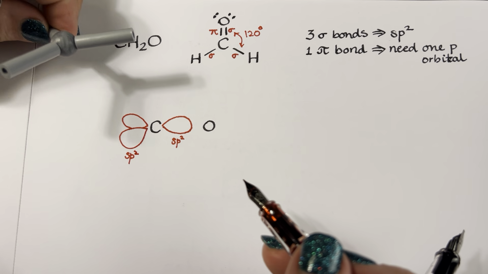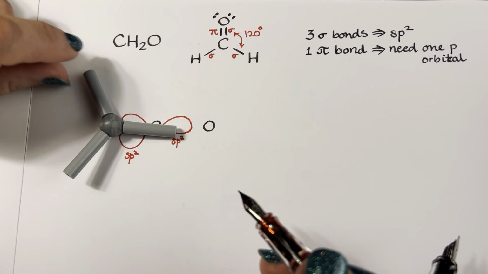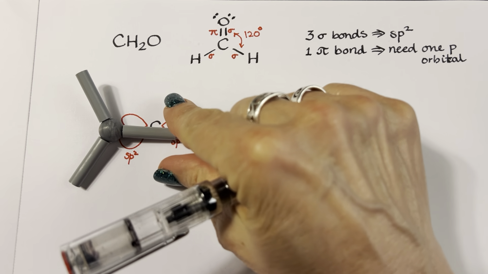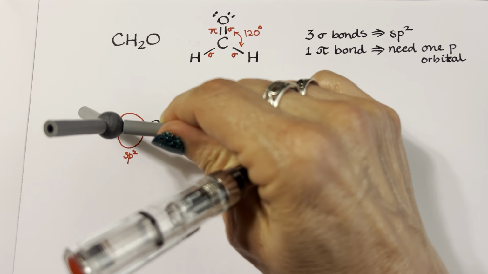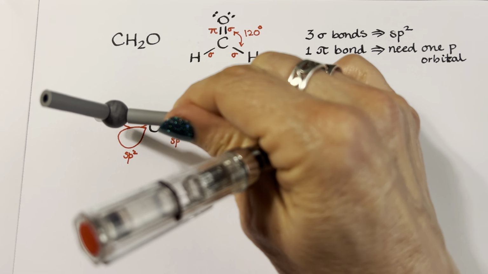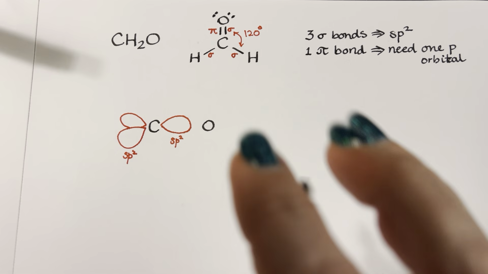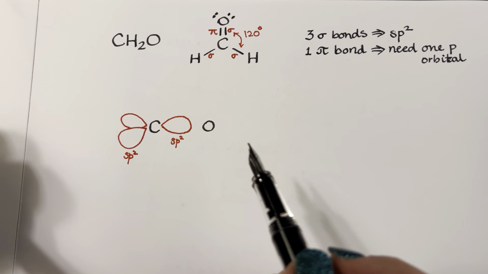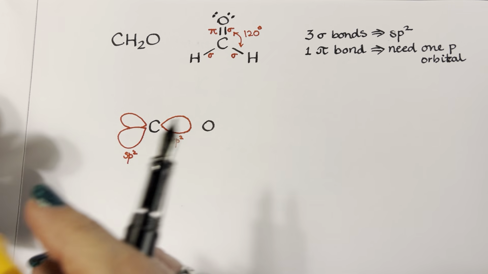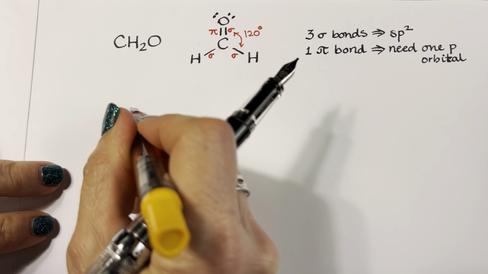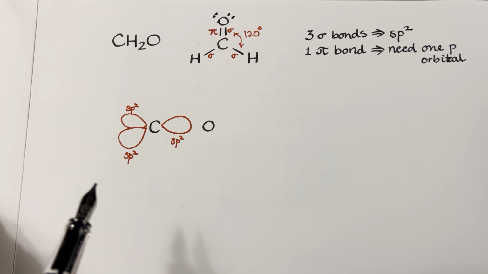So again, this is what I'm trying to do, is instead of drawing it flat like that, I'm turning it like this. So one's coming towards you, the other one's going back behind, and then this one is in the plane of the paper. This one. Okay. Now, I'll label this one for completion sp2. Okay.